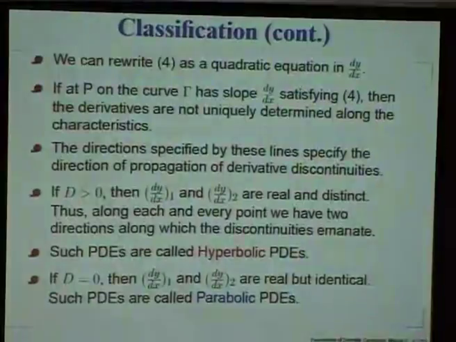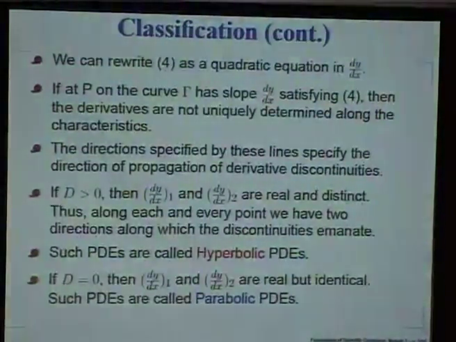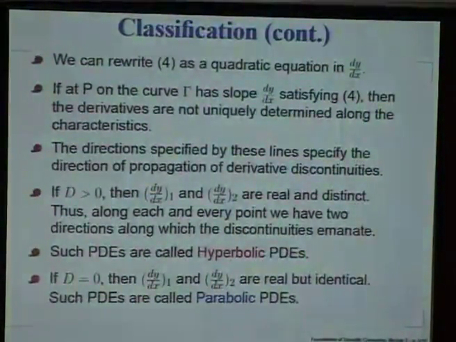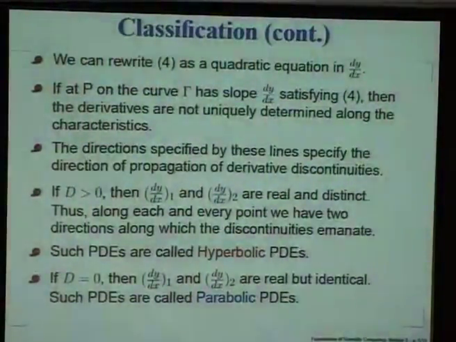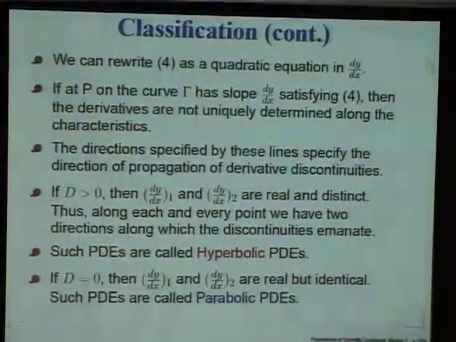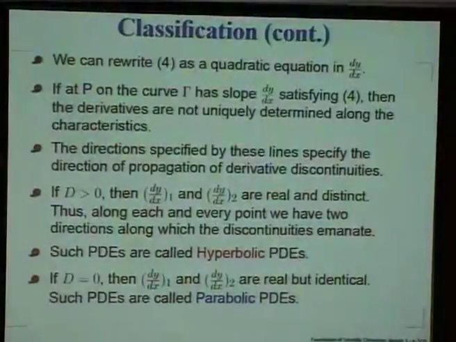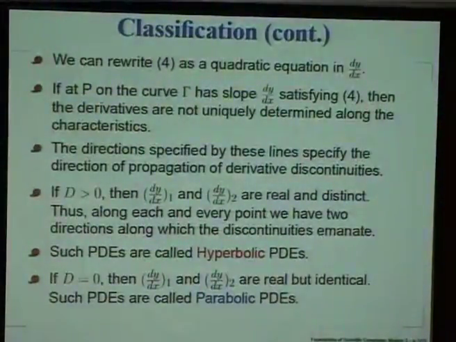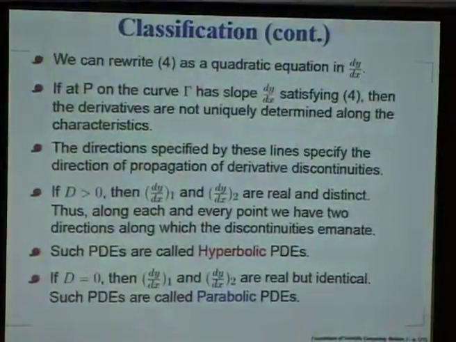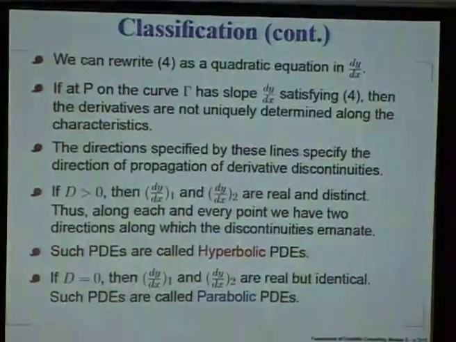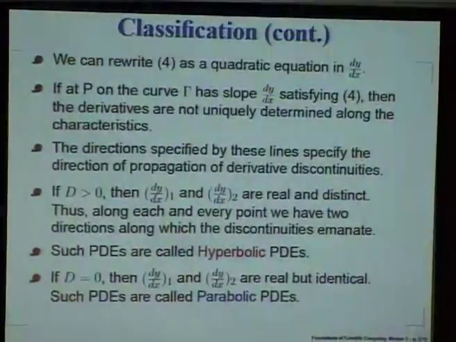So, if I have a line of discontinuity in the domain along those characteristic lines, my information is propagating. I have one set of values to the left, another set to the right, and characteristic lines are those lines along which these discontinuities are propagating.